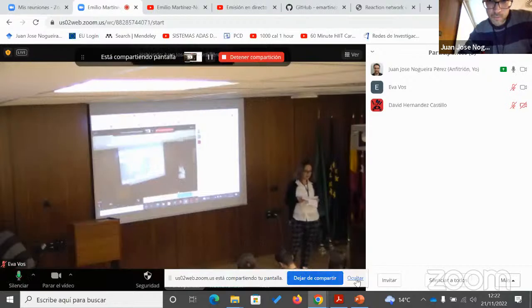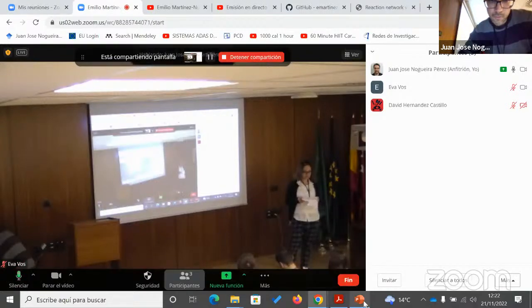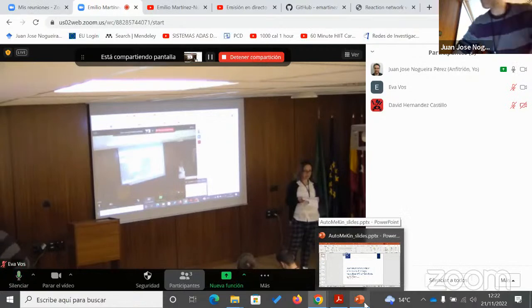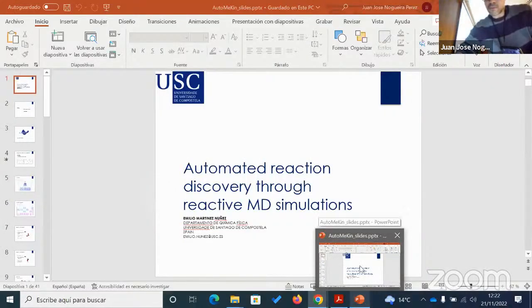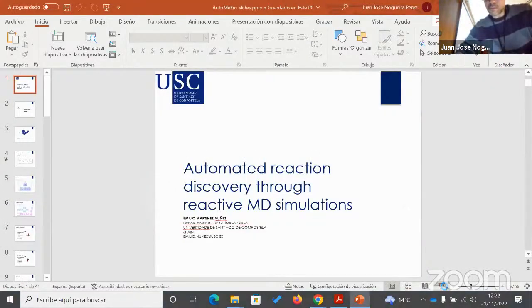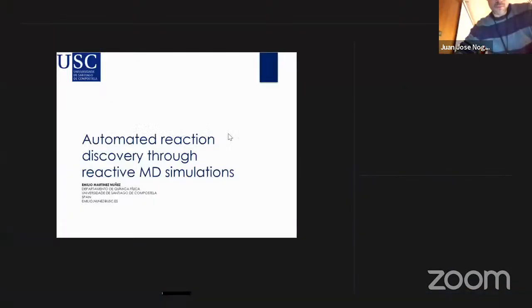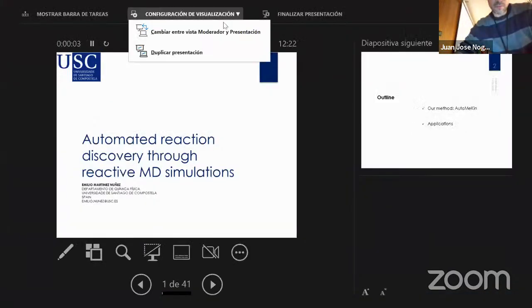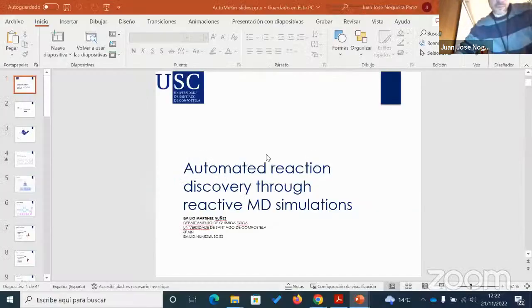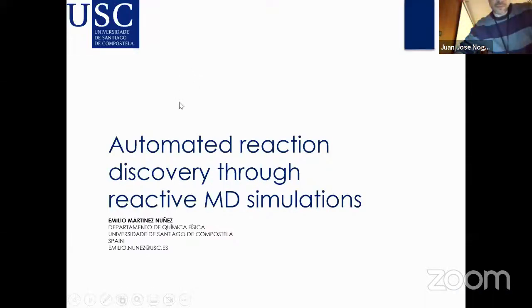He has been visiting professor in several universities, among them the University of Leeds in 2013 and the Université de Lille in 2018. And his current research interests are around the design of automatic methods to discover reaction mechanisms and also energy transfer models in gas surface collisions.